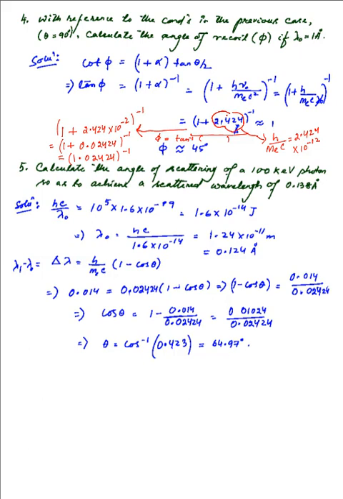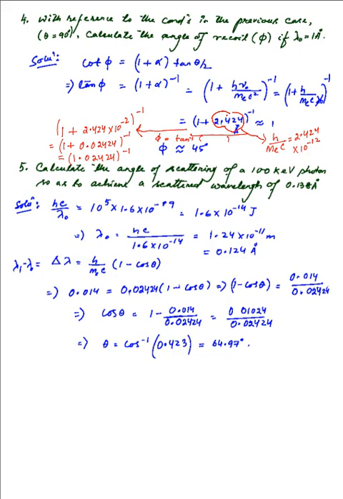Now the scattered wavelength has a wavelength of 0.138. So the difference in that case is 0.014, and that is equal to, so we are using the wavelength shift to obtain this scattering angle from that cosine theta term, and the h over mec, as you know, is 0.02424 angstrom units.